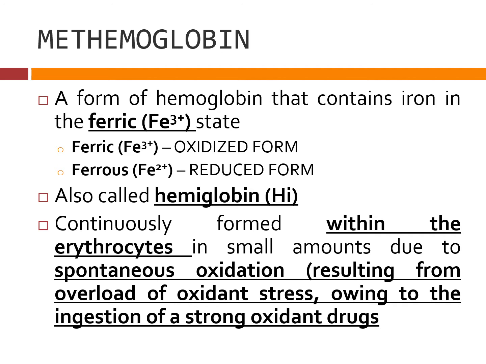Continuously, it is formed within our red blood cells in small amounts due to spontaneous oxidation, resulting from overload of oxidant stress owing to ingestion of strong oxidant drugs. When your hemoglobin is oxidized, unlike a normal hemoglobin, it cannot bind oxygen very well.